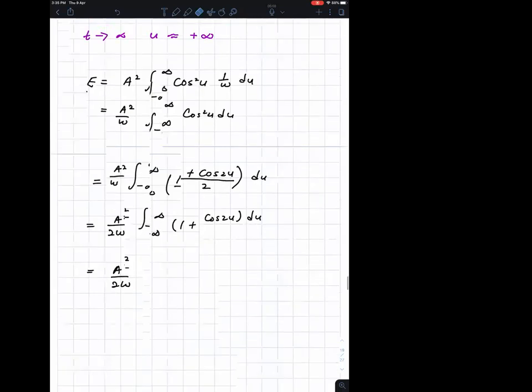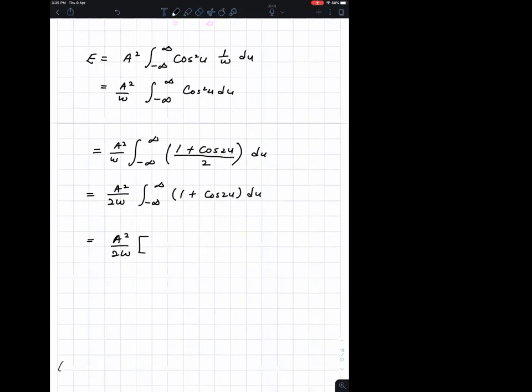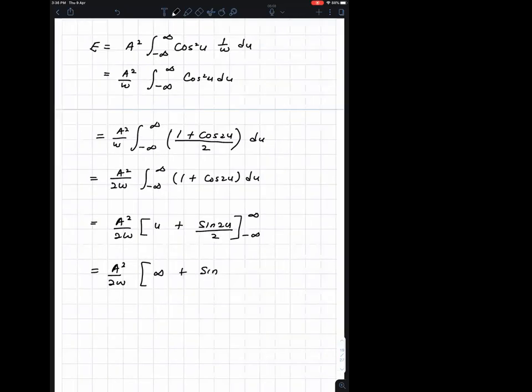So if you integrate, it's going to be u, 1 becomes u, right? And then the integral of cosine 2u is plus sine 2u, and then divided by 2, from minus infinity to infinity. 2 times infinity is also infinity, right?